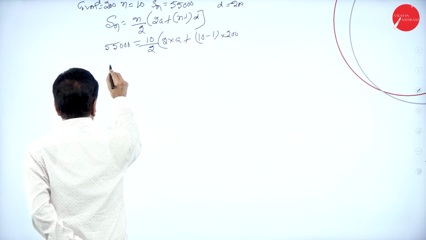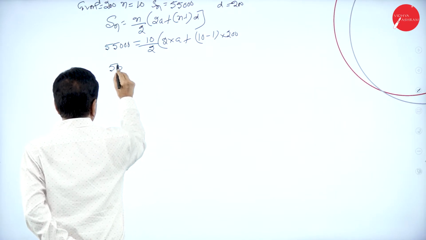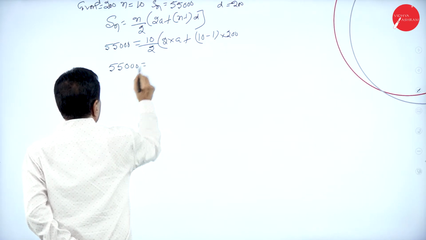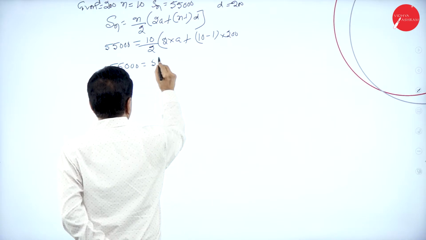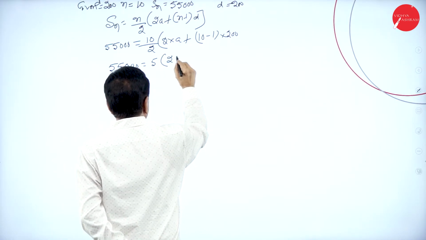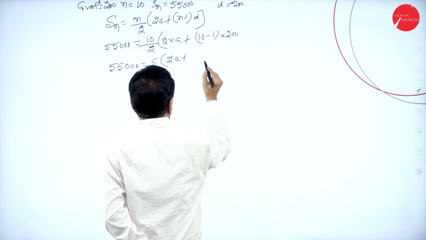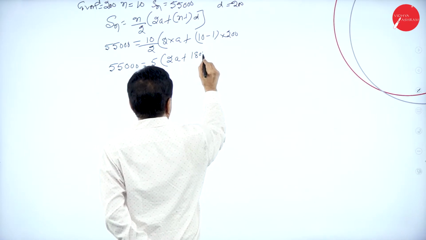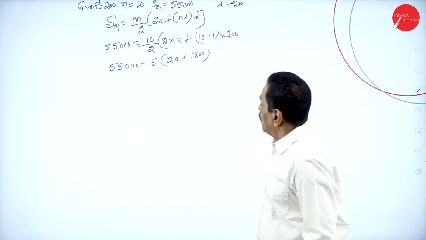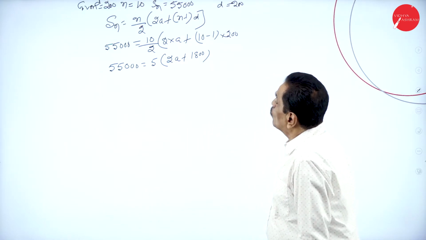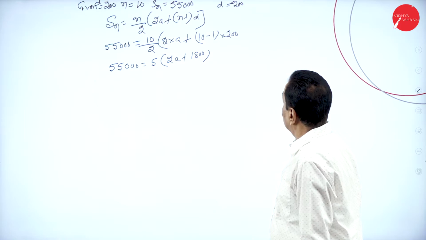Simplify, 55,000. 2 5s are 10. 2A, 10 minus 1, 9 into 200 is 1,800. 55,000, 2 5s are 10, 2A plus this.